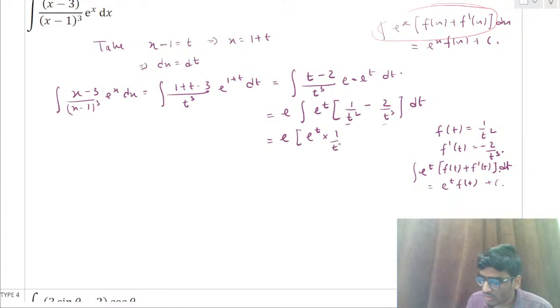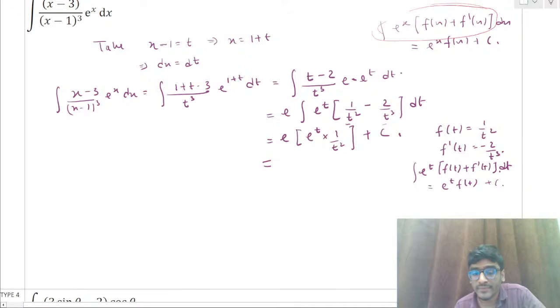So this integration is equal to e times e raised to power t times f of t. Is it clear? This line is clear because we have written e raised to power x times f of x plus f dash x, dx.